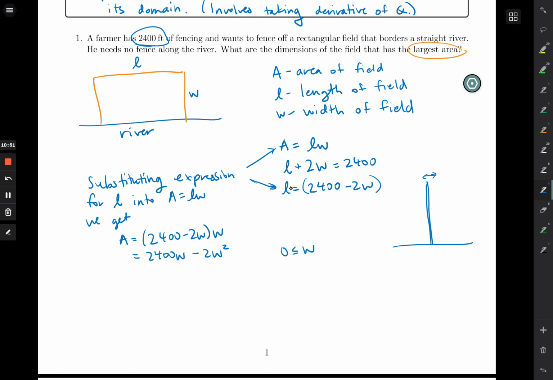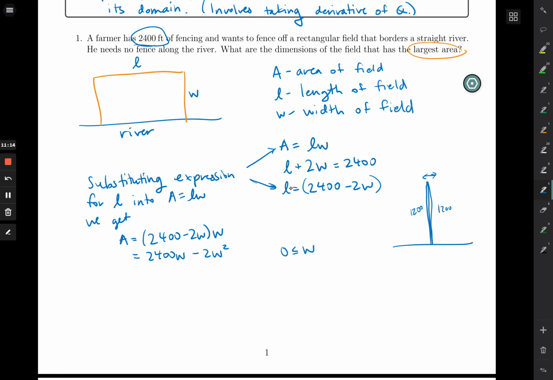That means that if we use the entire length of fencing, it will go 1,200 feet and then turn back around and go another 1,200 feet back to the river, which would have 0 area, so it's definitely a bad idea for us to build a field like this, but it is a restriction.